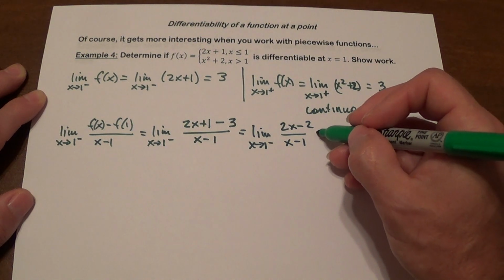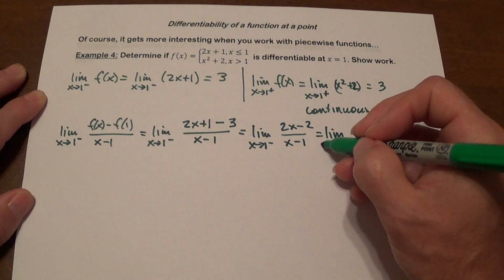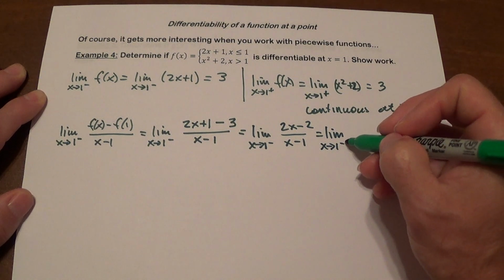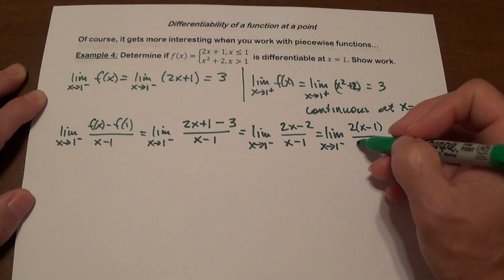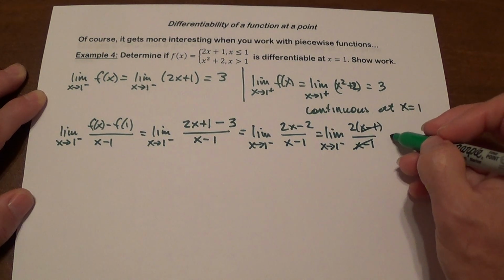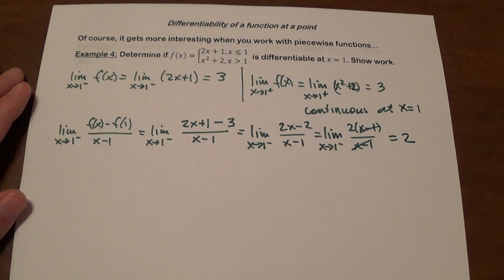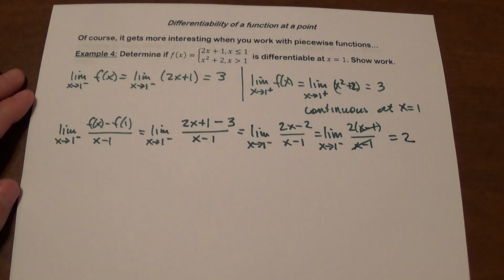So here if we factor out 2, we're getting 2. So the left hand derivative is going to be 2.